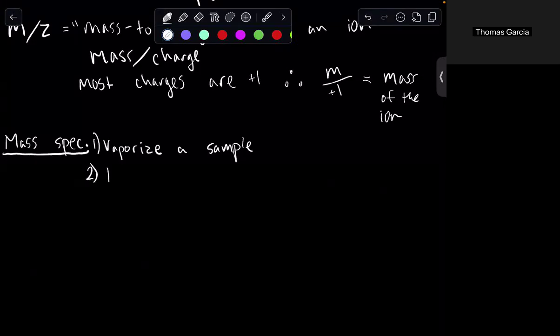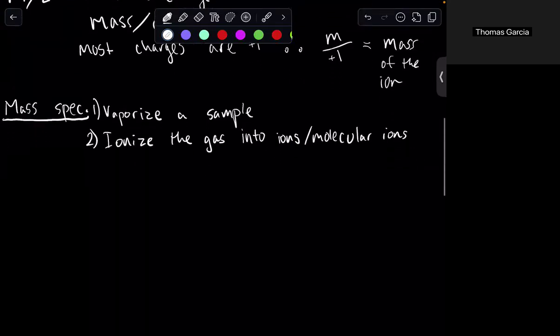Then we ionize the gas. And we do this usually with high energy electrons. And we ionize the gas into ions and sometimes molecular ions, which just means a compound that is an ion, a molecular compound that's an ion.